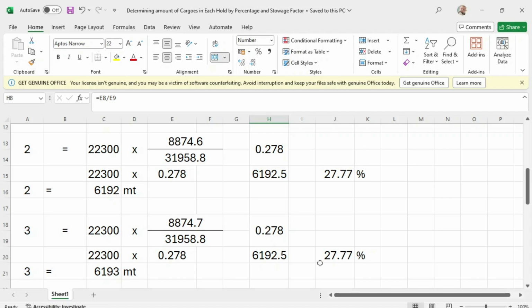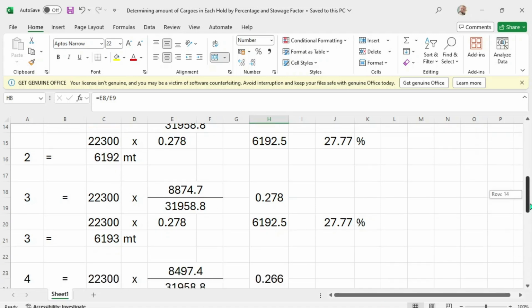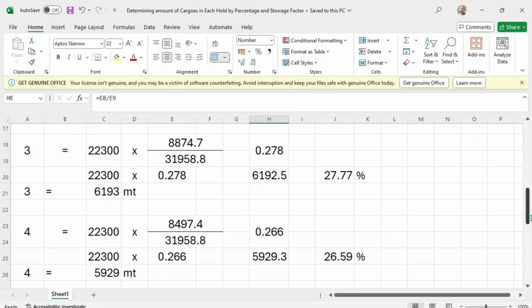Multiply this by 100, you have about 27.8%. And with this percentage, you multiply the total cargo to load, and your amount of value to be loaded in number 3 will be 6192.2, or round up to 6,193. And number 4, so the hold capacity is 8497.4.